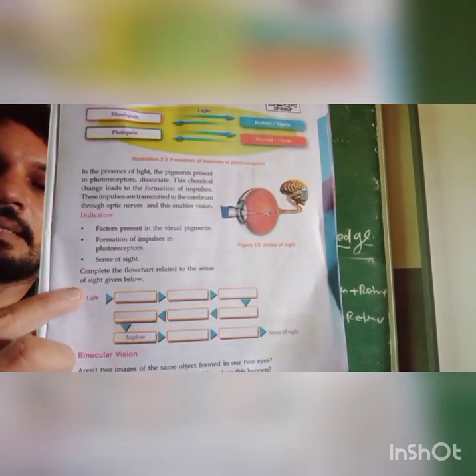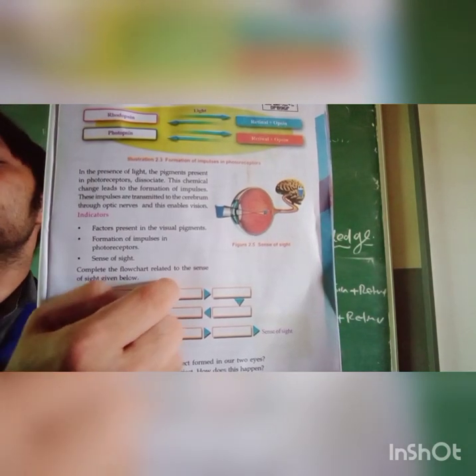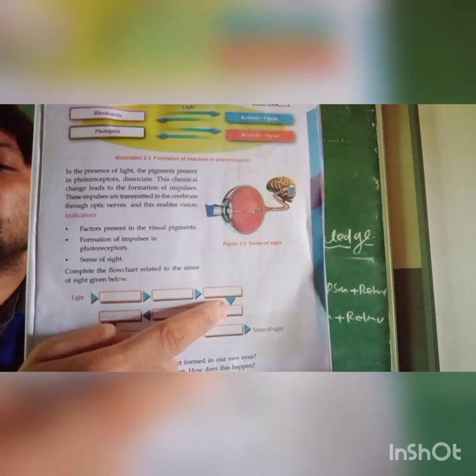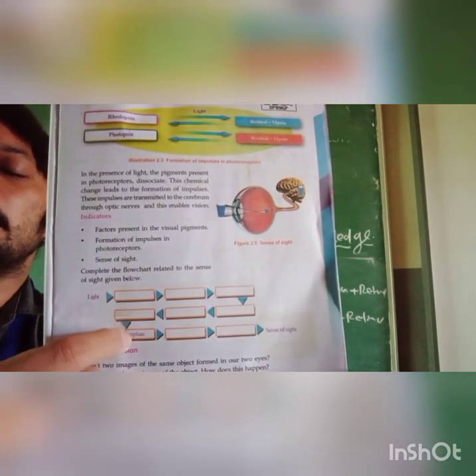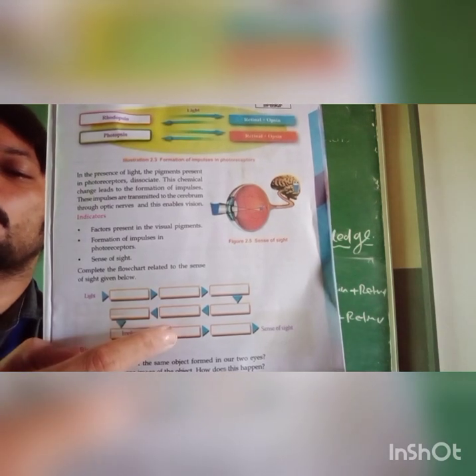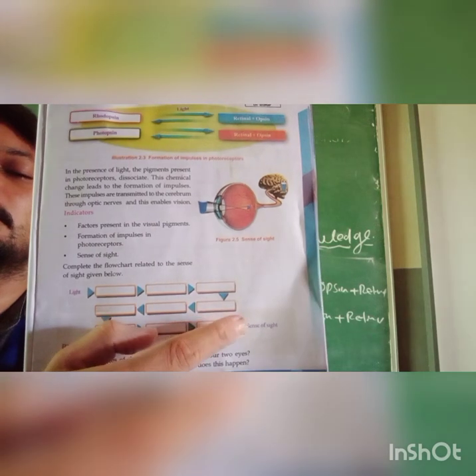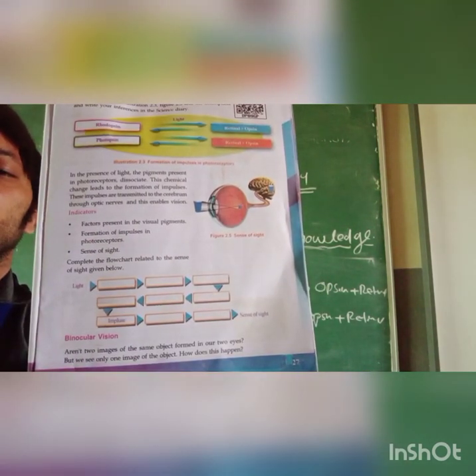Again: light, cornea, aqueous humor, pupil, lens, vitreous humor, retina, impulse, optic nerve, cerebrum or brain, sense of sight. Understood? Write and take this also in your notebook.